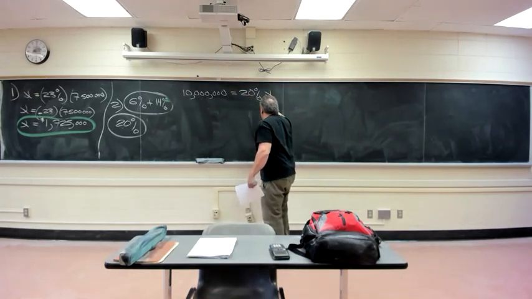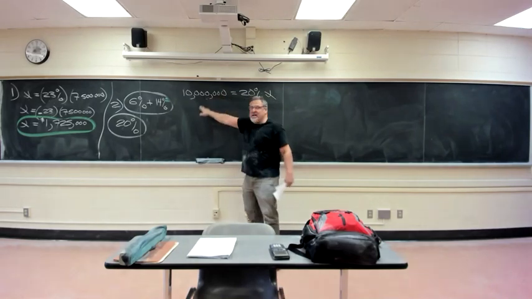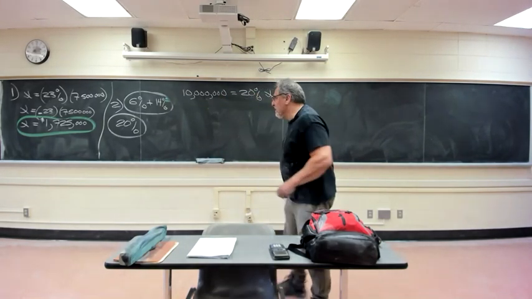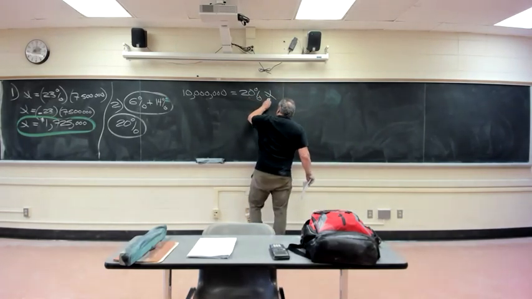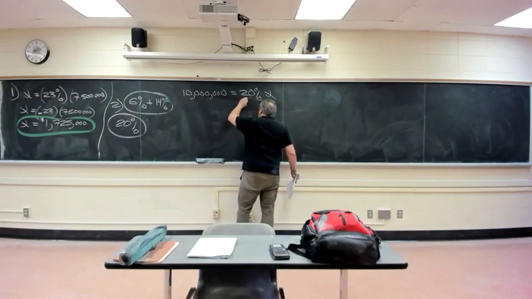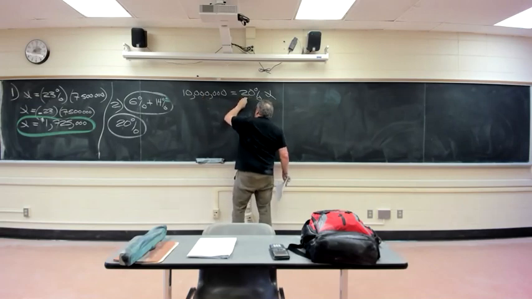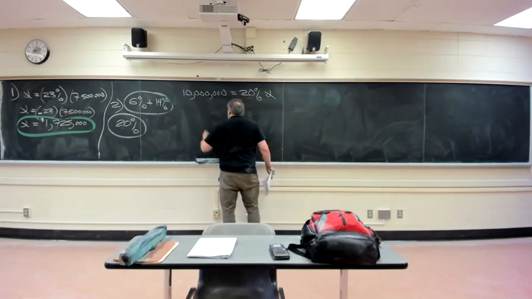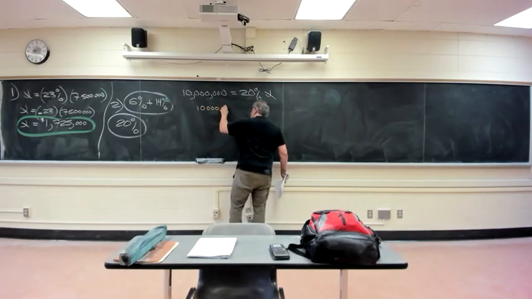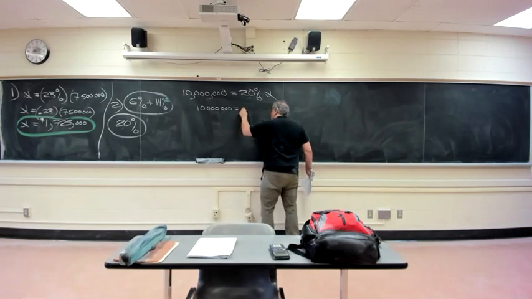20% of the total budget is the $10 million allotted for editorial and sales. Well, 20% is 0.2.